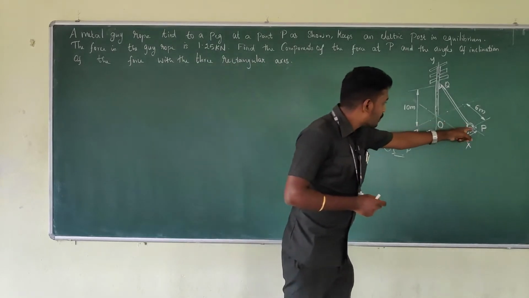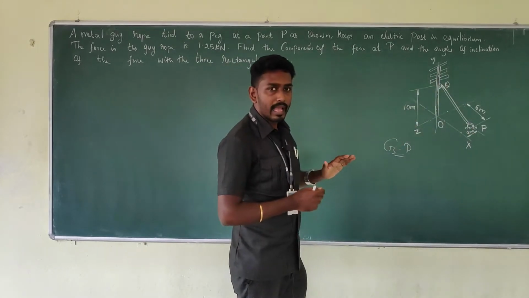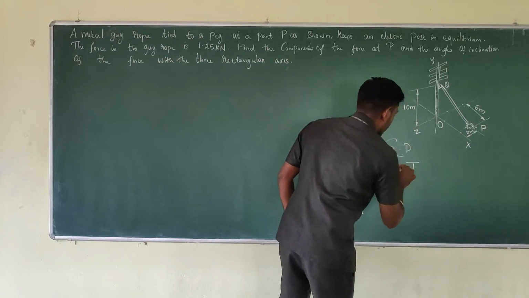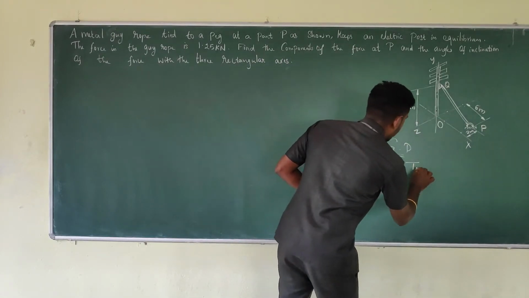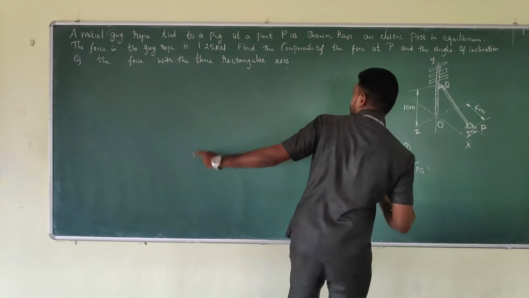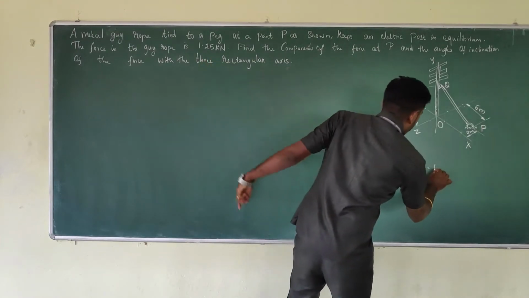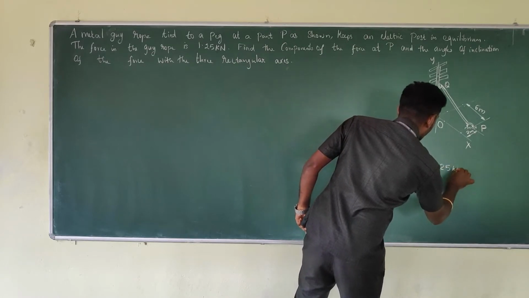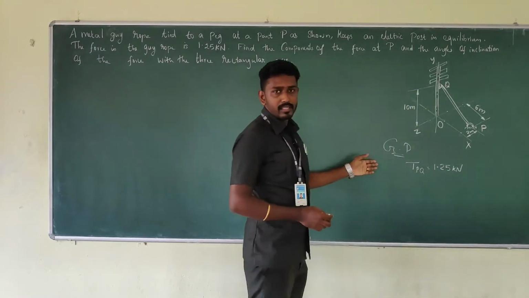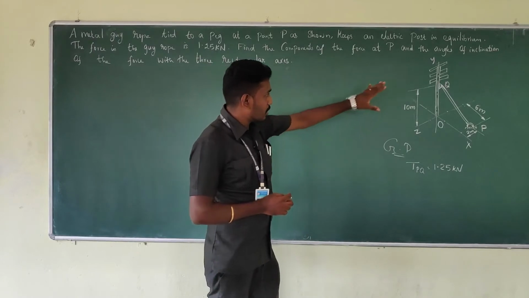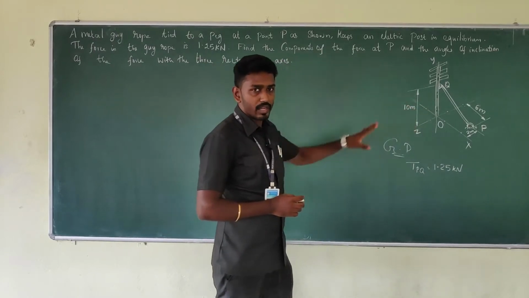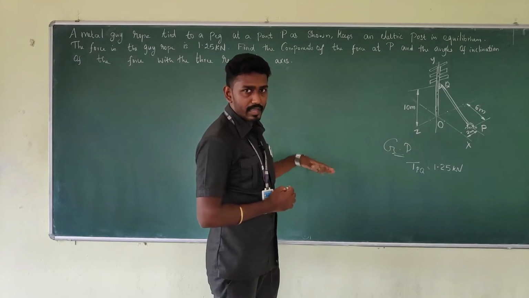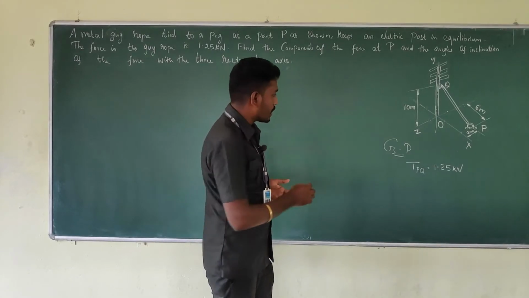So here the tension force acts between P and Q, and that force magnitude is represented in the question as 1.25 kilonewton. Nothing more than this is in our question, and coordinate arrangements are given. Let us try to identify it in order.